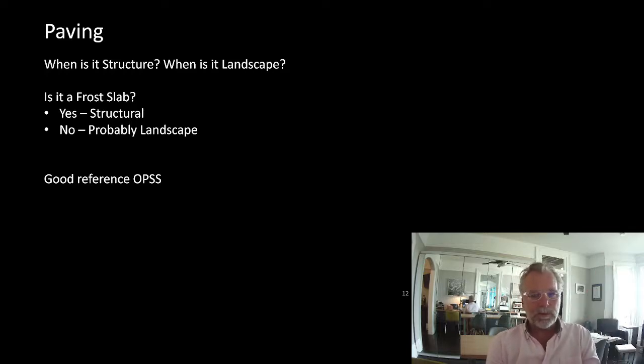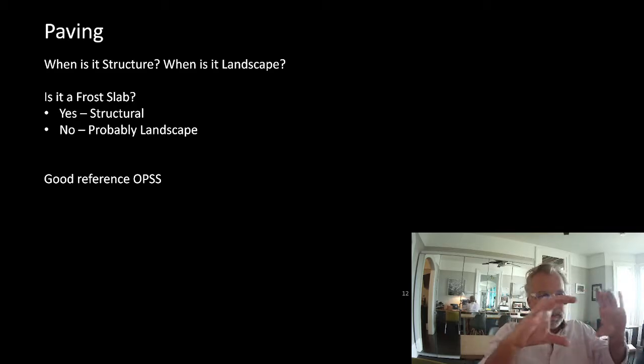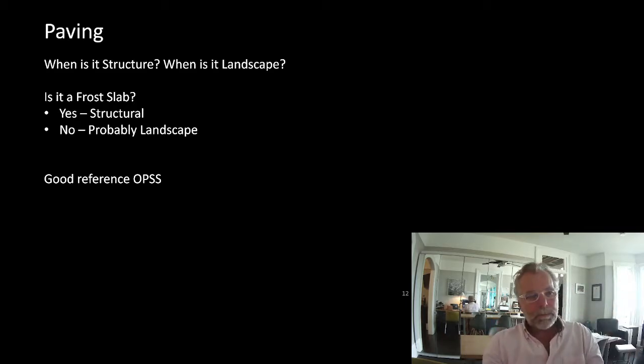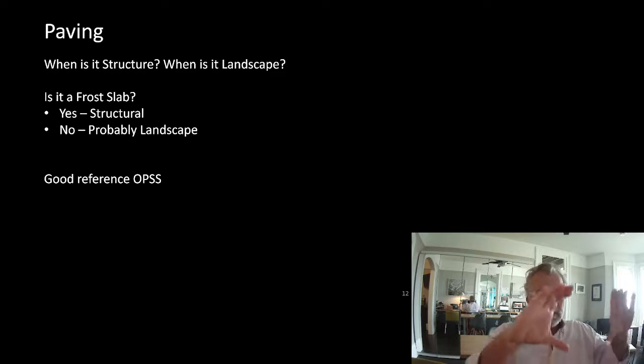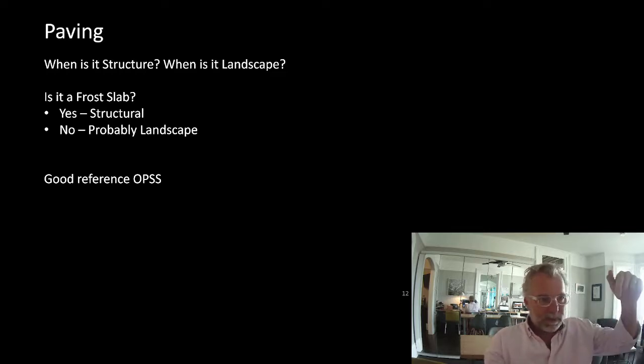So what do we do for a frost slab? Well, we drop walls around the perimeter and we put an airspace underneath. That way the soil that's underneath can heave and settle. It doesn't affect the slab. The walls are founded below the frost line, so frost penetration is only so deep.